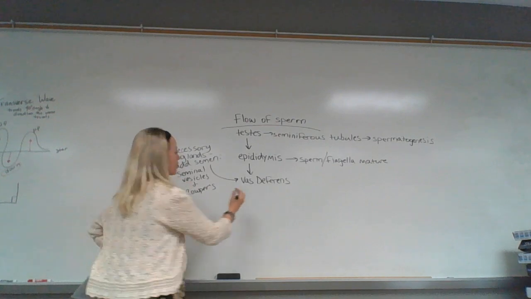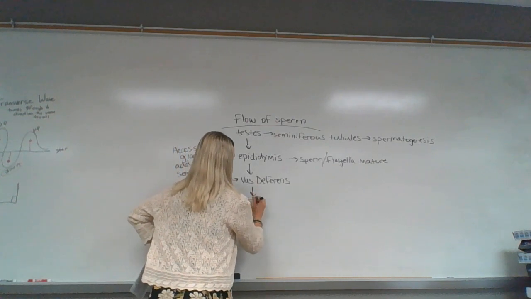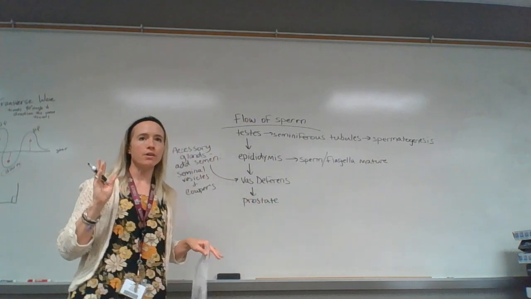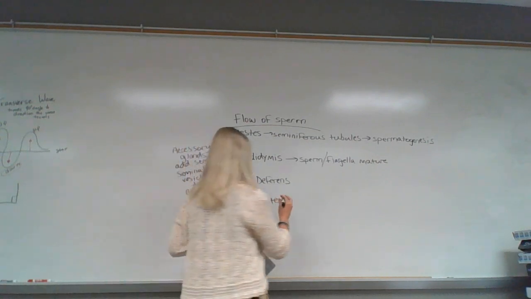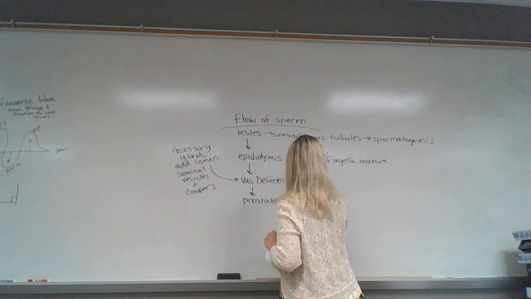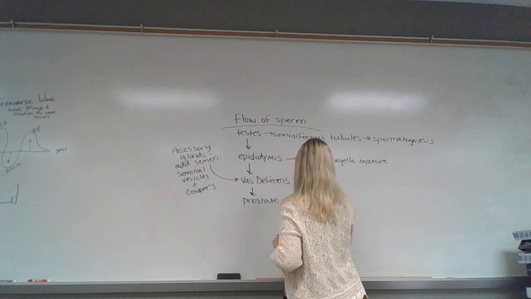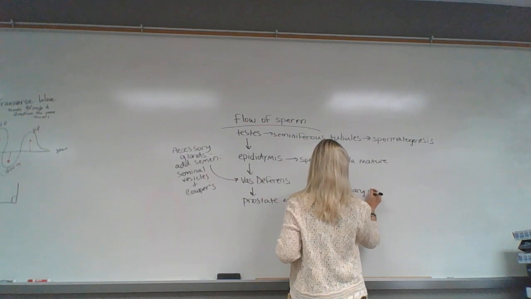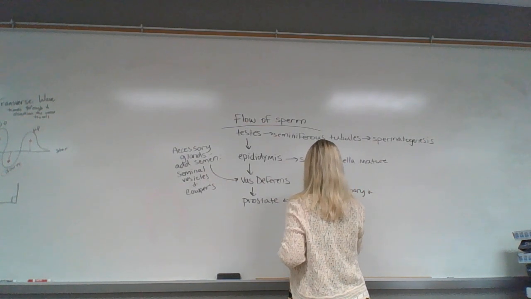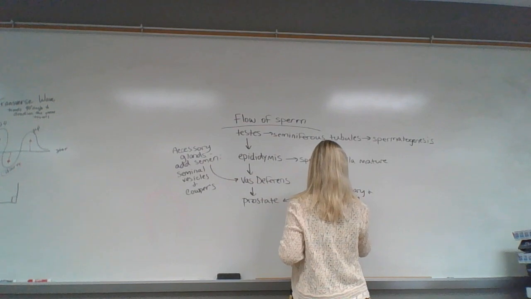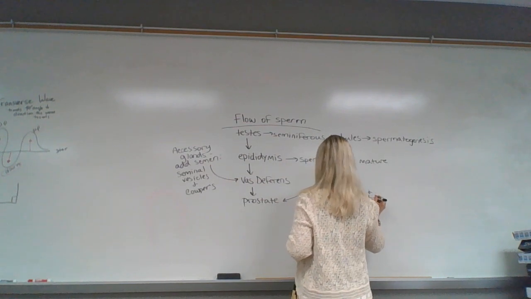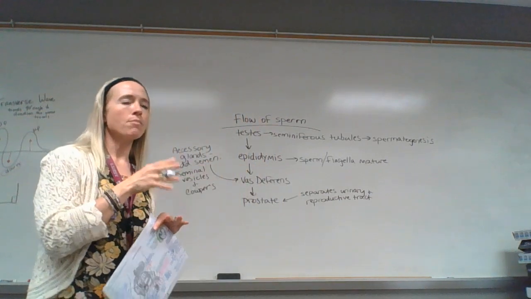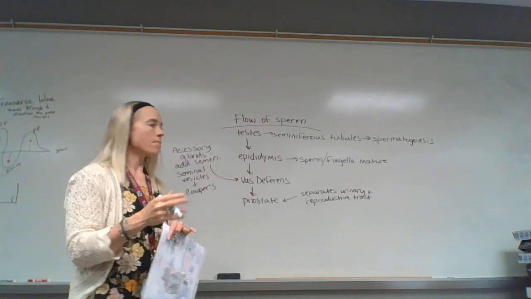So from the vas deferens, it's then going to go through the prostate. And the prostate separates the urinary and reproductive tracts. So it's going to prevent urine from getting in the semen and prevent semen from getting in the urine.